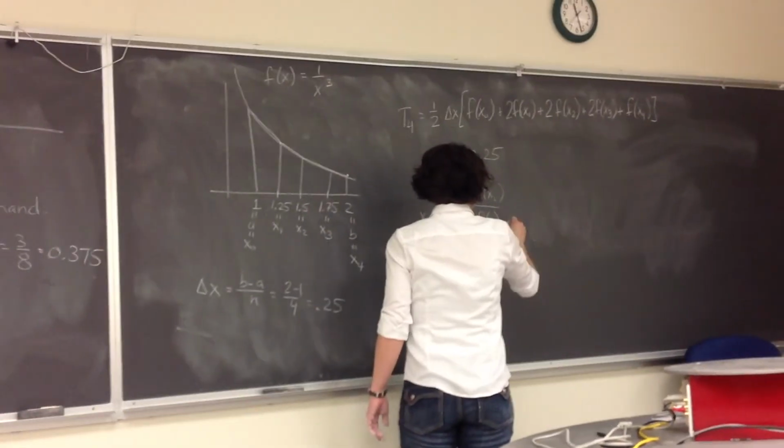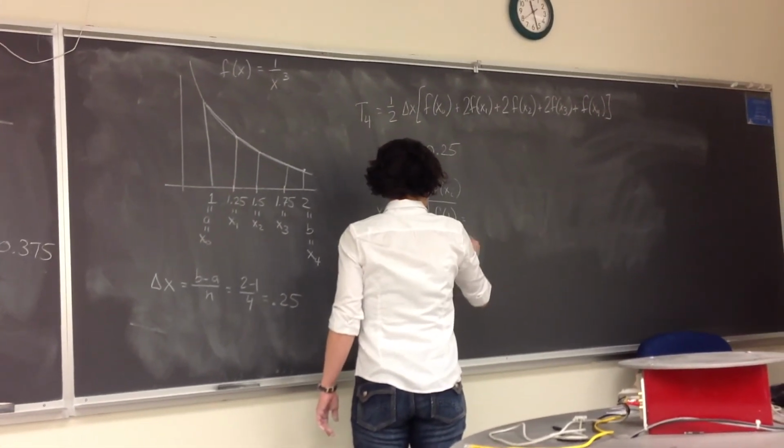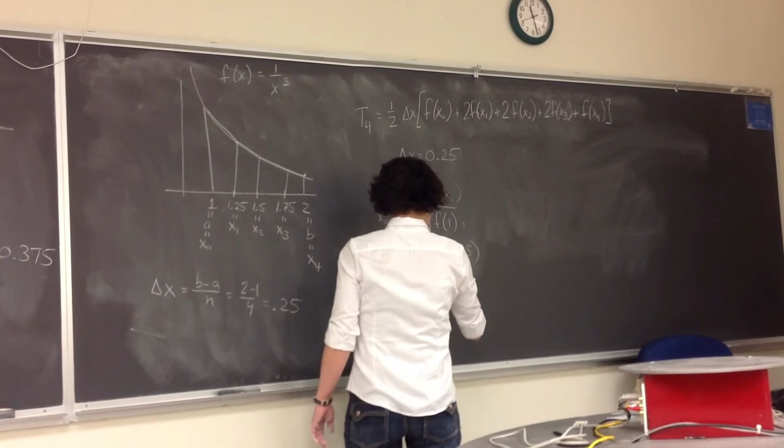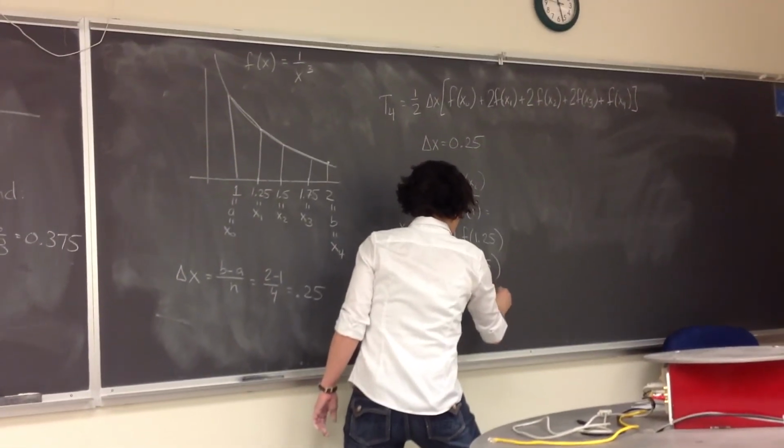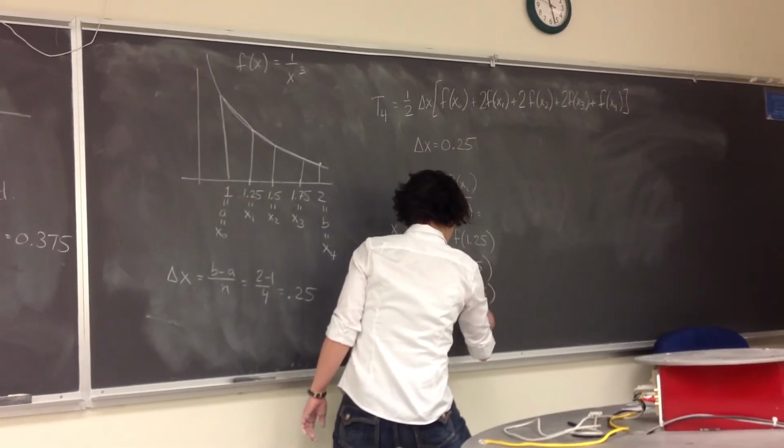So we need f of 1, f of 1.25, f of 1.5, f of 1.75, and f of 2.